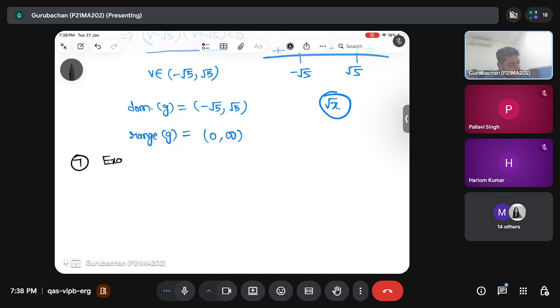Examine whether the following are graphs of a function.